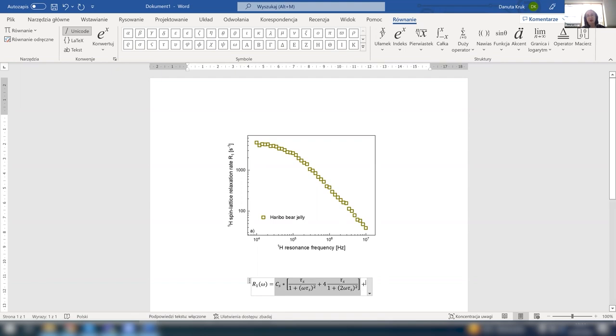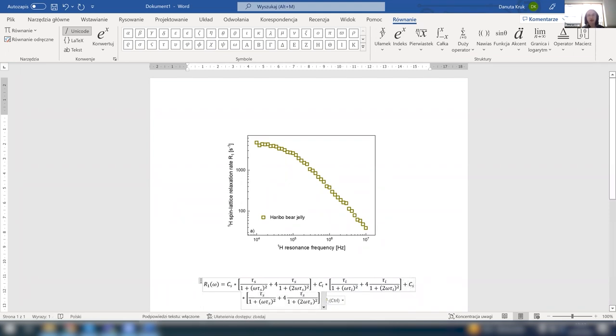let me add the next contributions. So a kind of intermediate motion on an intermediate time scale. So I will put I here. Plus, again, a kind of fast contribution.